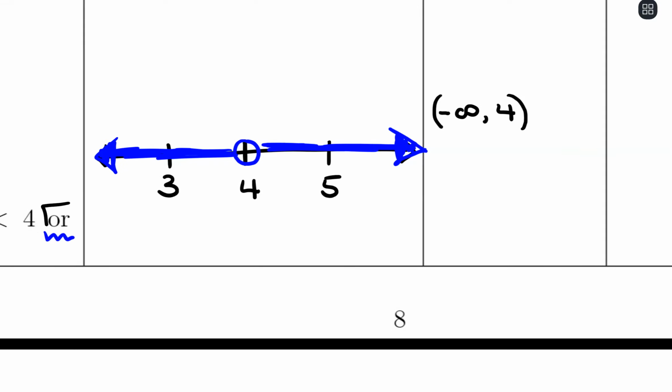Now, where they use the word or, we have a mathematical symbol. It's a union symbol, and really it's just a big capital U, essentially. So, big capital U. And then our union is with this 4 to positive infinity. So 4 comma positive infinity. And then we'll use those curved parentheses to show we're not including those endpoints.